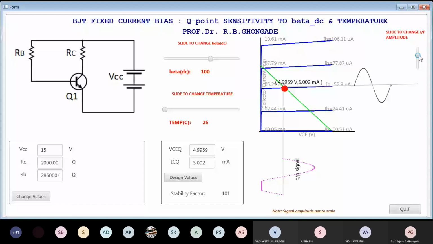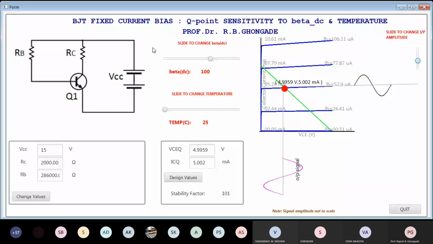Now if the beta changes to, let us say, 50, let us see where the Q point moves. Now this is supposed to be our designed values. So the moment my beta changes, how will the beta change? Because unit to unit variation will be there for the transistor. Nobody can guarantee that all the transistors with the same numbers will have the same beta. There is a range. We've already discussed that.